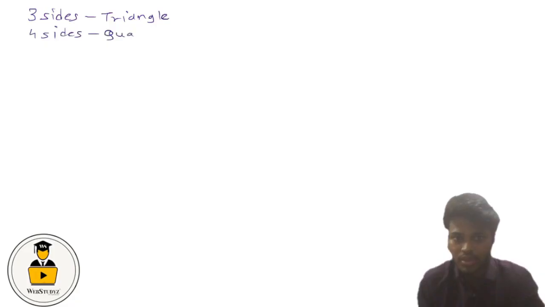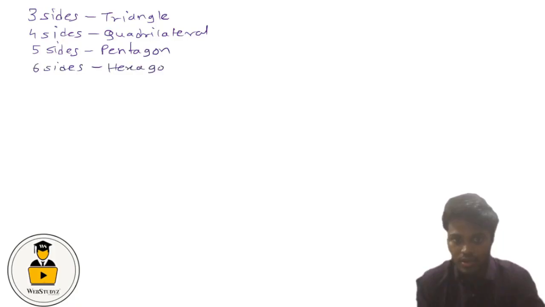If a polygon has three sides, we call such polygons triangles. If a polygon has four sides, we call such polygons quadrilaterals. For five sides, it is known as a pentagon. If it has six sides, we call it a hexagon.